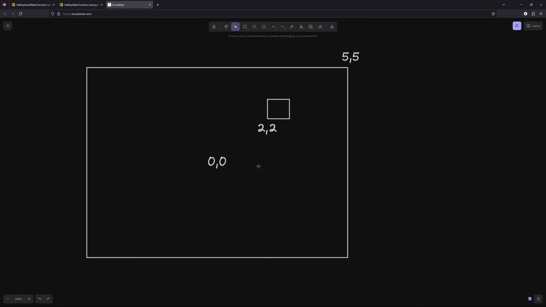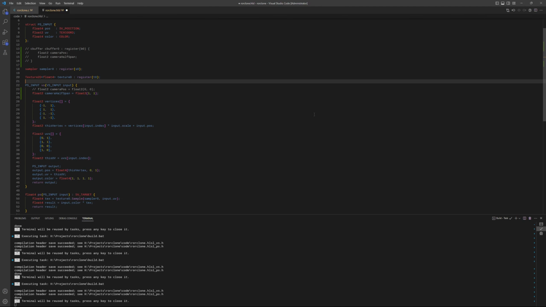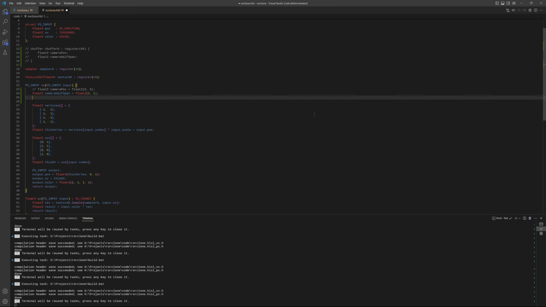I see. Okay, so the position, whatever the position is in world units, if we just divide that by the half dimension, we'll get the position in clip space. Position in clip is input position divided by camera half square.